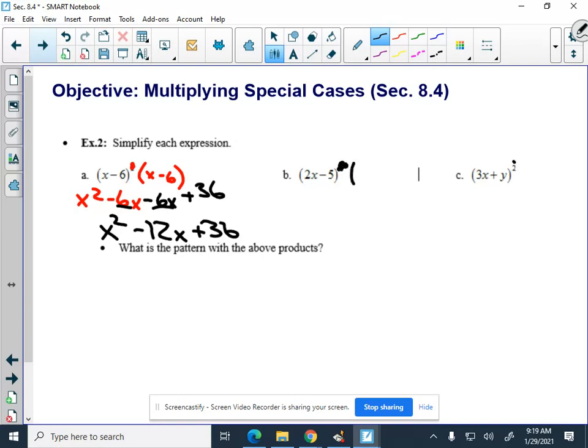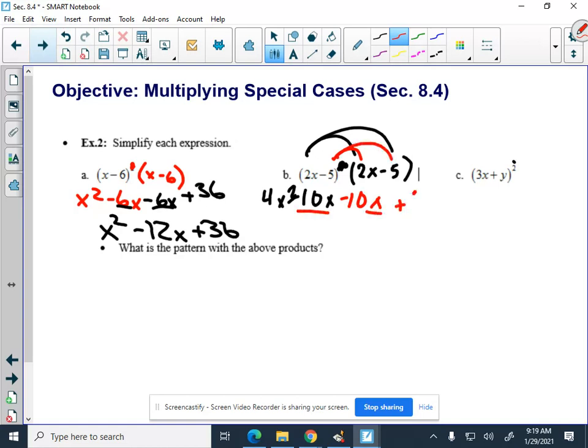Scribble this out. 2x minus 5. Again, one's not positive, so they're not going to cancel like the first special cases. 2x times 2x, 4x squared. 2x times negative 5, negative 10x. Negative 5 times 2, negative 10x. Oh, it's the same. Negative 5 times negative 5, positive 25. So a couple things.